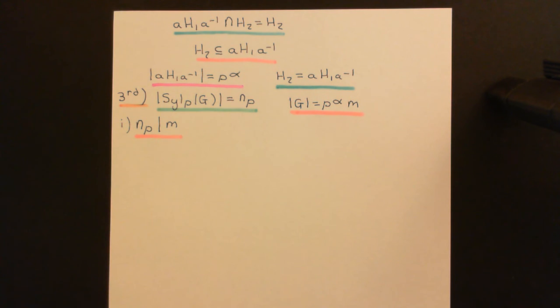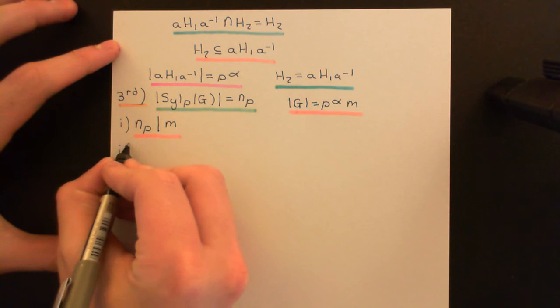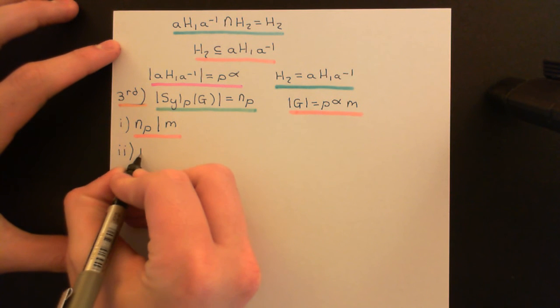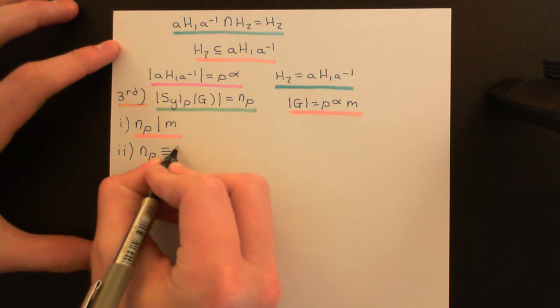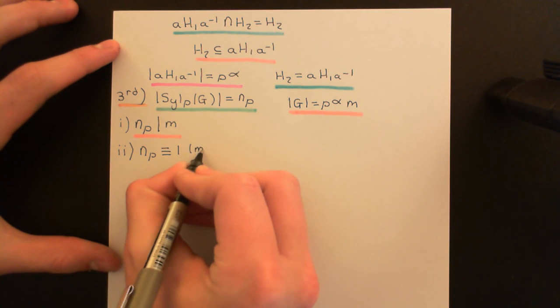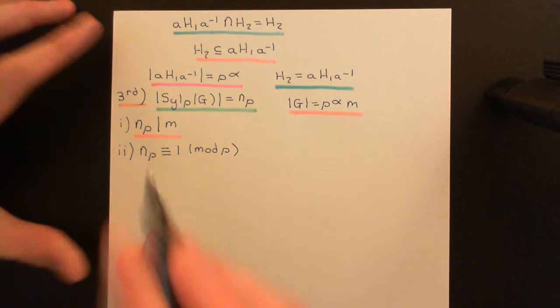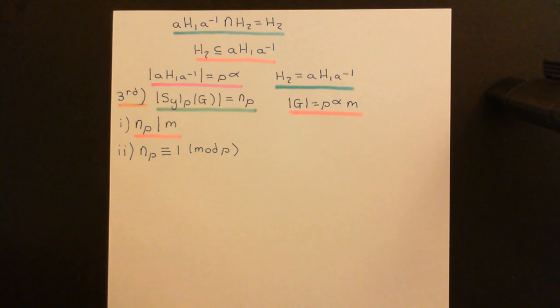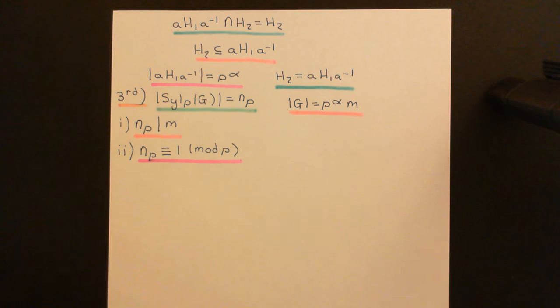So that's the first part of the third Sylow theorem, and the second part of the third Sylow theorem tells us that this number is actually going to be congruent to 1 modulo p. So this is modular arithmetic here. Okay, so this number, whatever it is, will be congruent to 1 modulo p. Now let me give you a more normal equation for what that means.